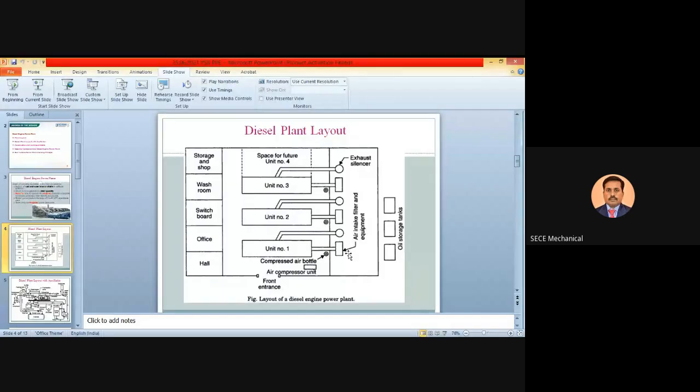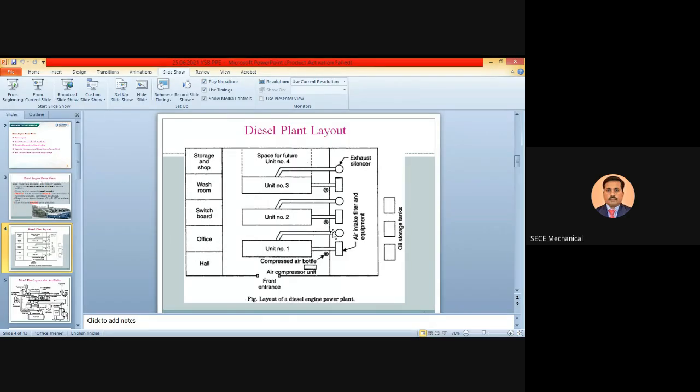If you do not properly handle the noise, it will affect your working area, because if your office is very near to the diesel engine power plant, a lot of fumes come from your exhaust. Normally diesel fuel is used, so due to the exhaust fumes, eye irritation and other effects may affect many people present in the office or hall in that area.